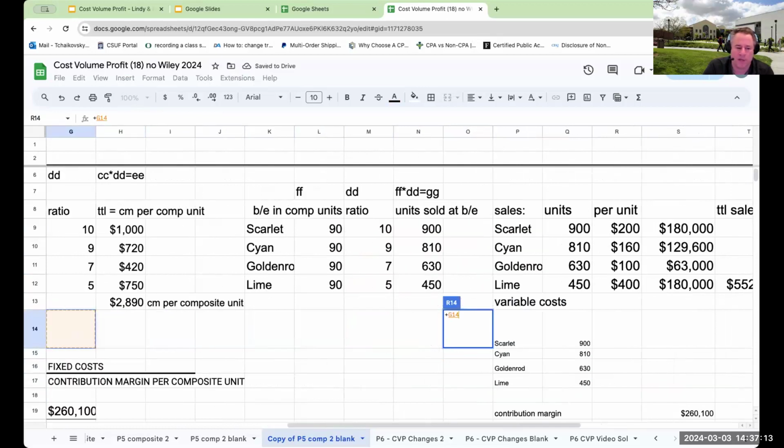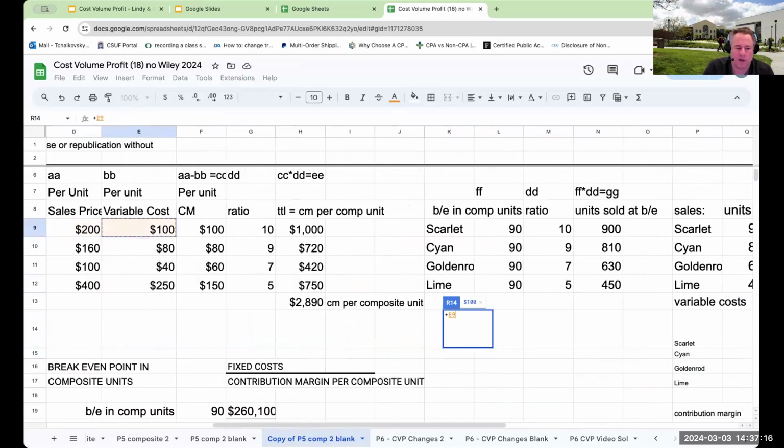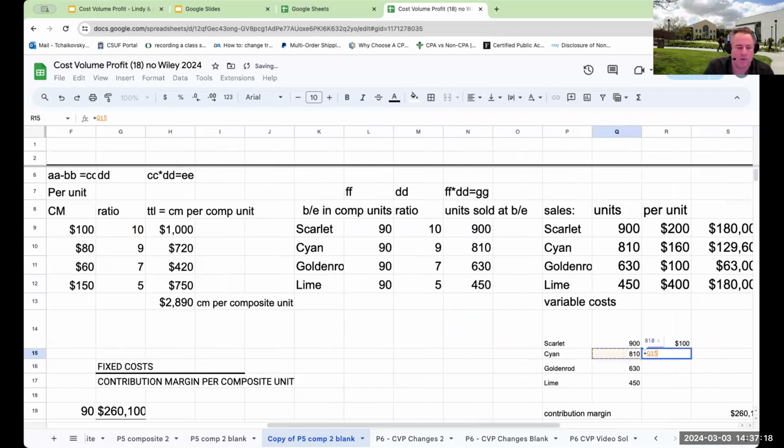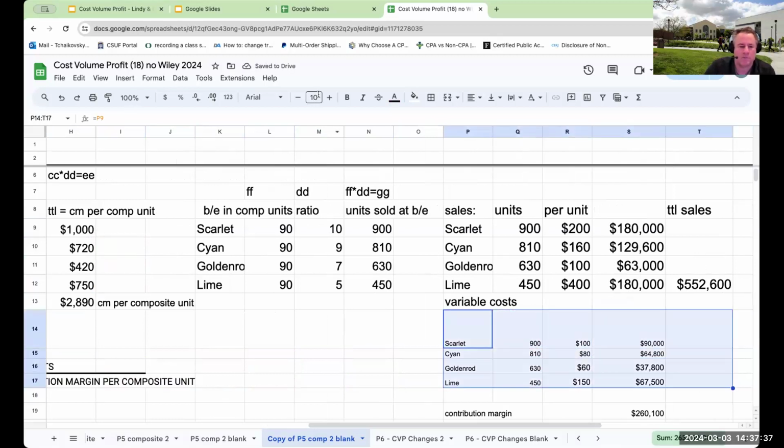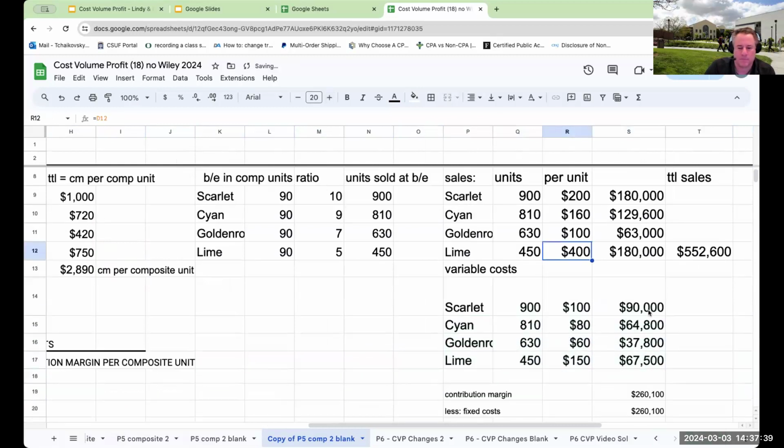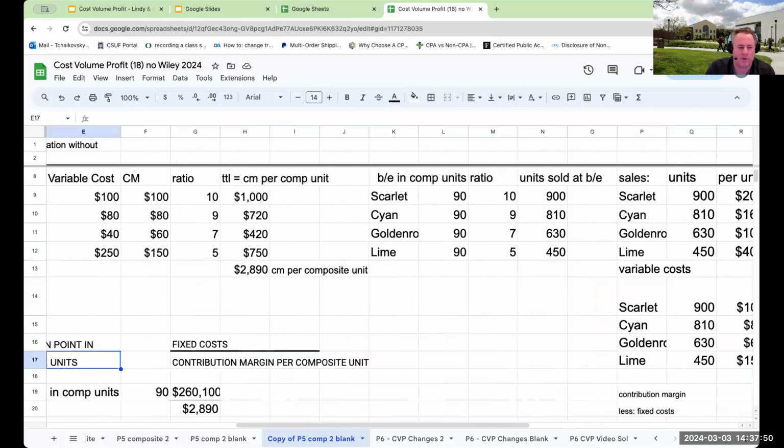My per unit variable cost for scarlet was 100, for cyan it was 80, for goldenrod it was 60, and for lime it was 150. If I add these amounts up, I get basically 260,000, which actually doesn't seem correct. What am I doing wrong?